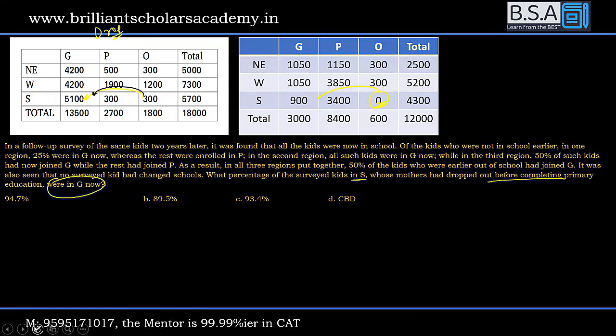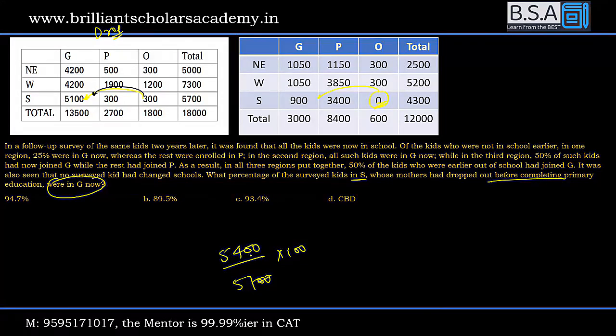So right now there are 5400 children out of 5700 in G. That is your question. Right now in the new survey in the southern region, how many children are in G whose mother dropped out? So first table, I need to focus only on first table.